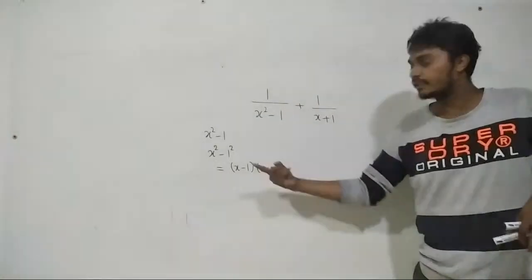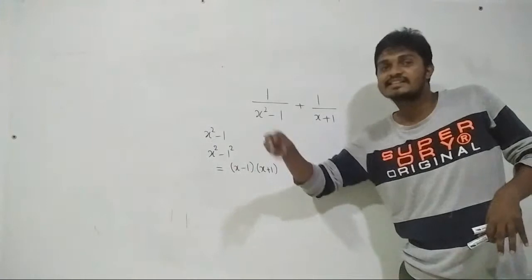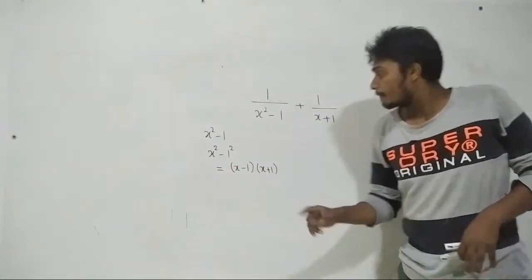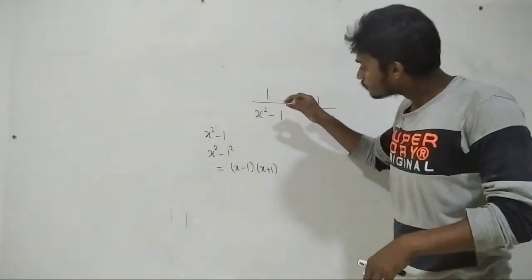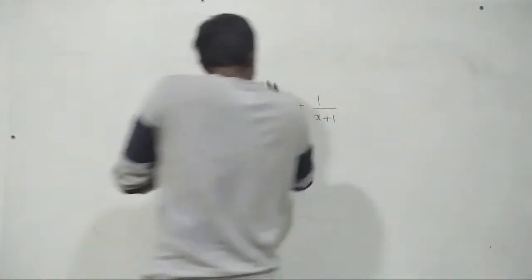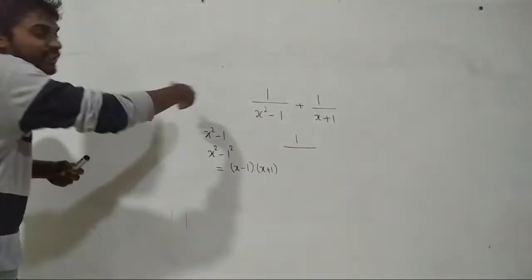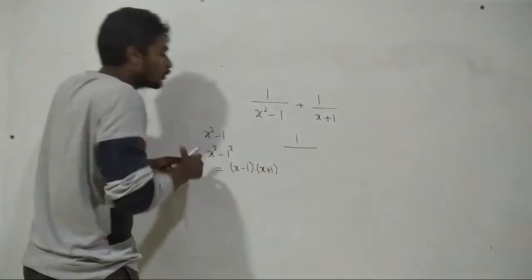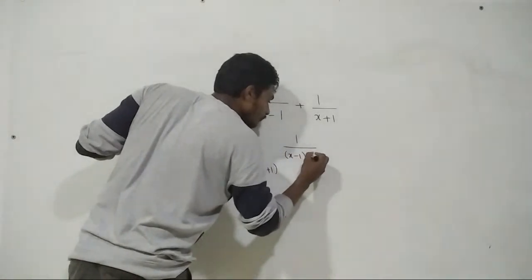The factors of a difference of two squares are the sum of those two numbers and the difference of those two numbers. So whenever you have 1 over x squared minus 1, you can write this as 1 over, let's initially factorize the denominator, x minus 1 into x plus 1.